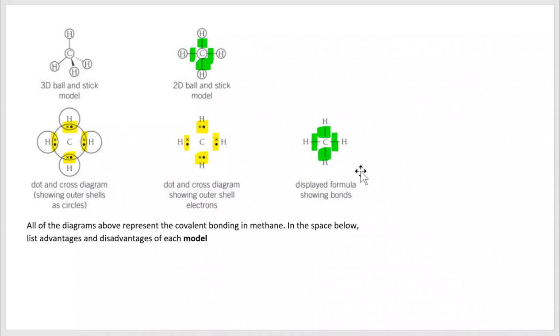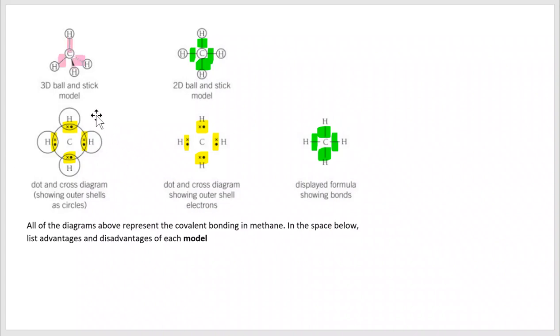The big difference between these two is that we're drawing circles around the atoms. So it's again about whether that's advantageous. Does it just take up more time? Is this clear enough? And generally, of the ones that we're going to do at GCSE, this one with the circles and this one with the sticks are what you will see most commonly.